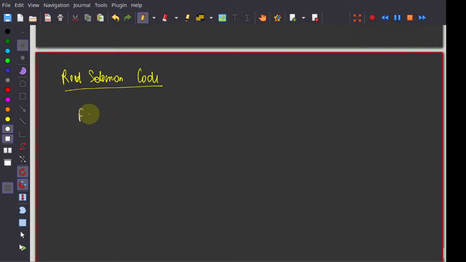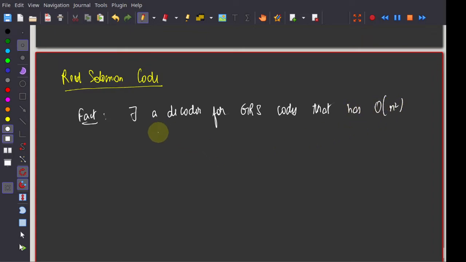So there exists a decoder for any generalized Reed-Solomon code that has order n square complexity.